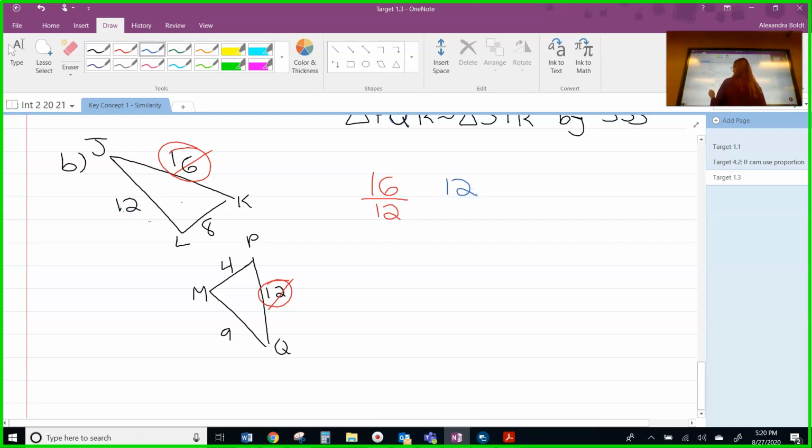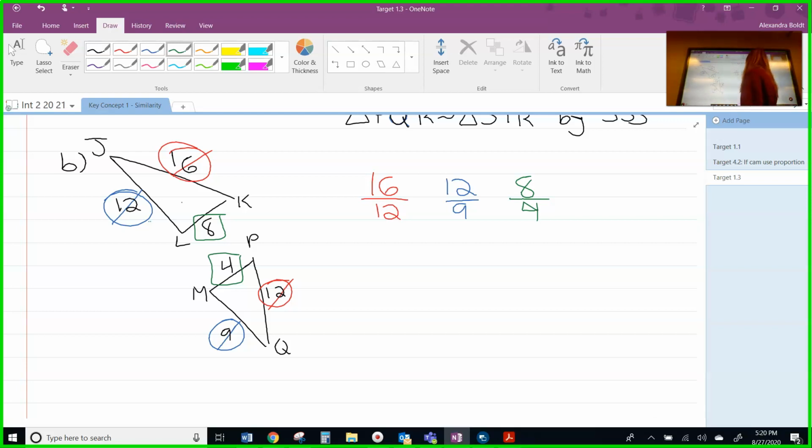And my largest number here is 9. And then I used both of those. And then my last number is 8 and 4.